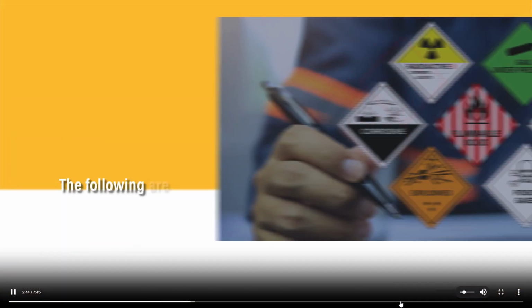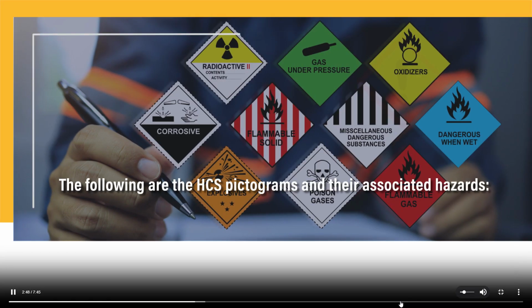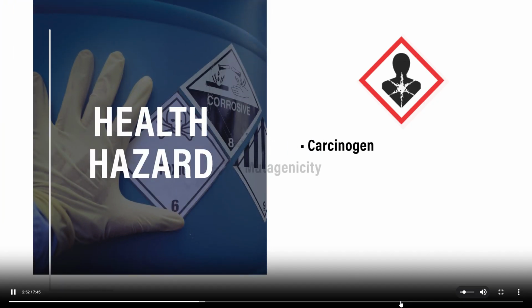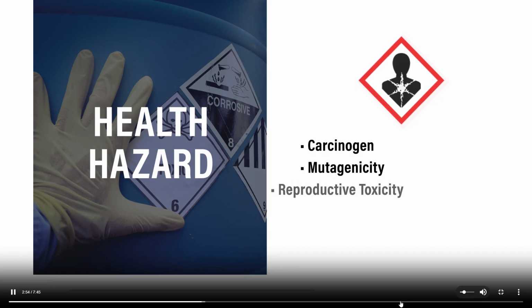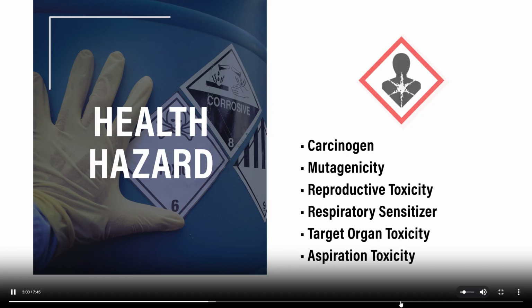The following are the HCS pictograms and their associated hazards. The health hazard pictogram indicates carcinogens, mutagenicity, reproductive toxicity, respiratory sensitizer, target organ toxicity, aspiration toxicity.